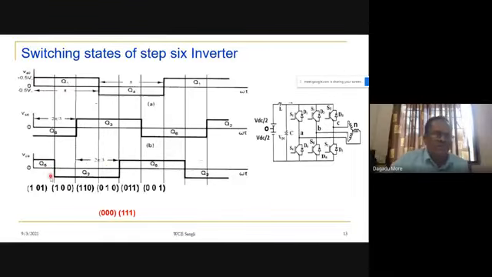Here, in the first 60 degrees, Q1 is on, so the switching state is 1, 0, 1. Next, Q1 is 1, Q6 means lower switch 0, and Q2 is lower switch 0, so the switching state is 1, 0, 0.